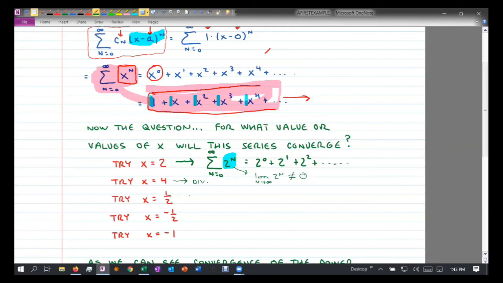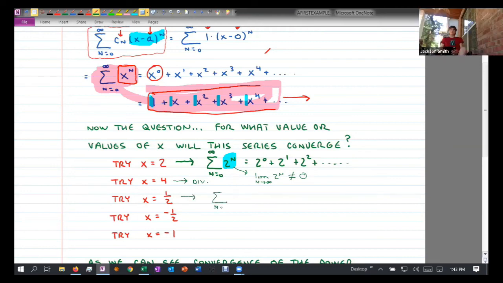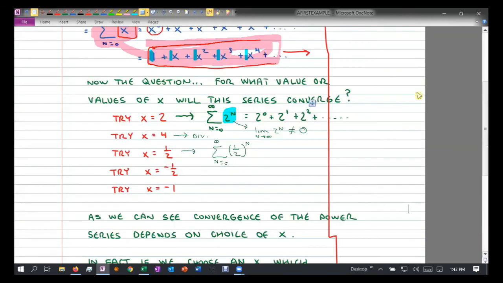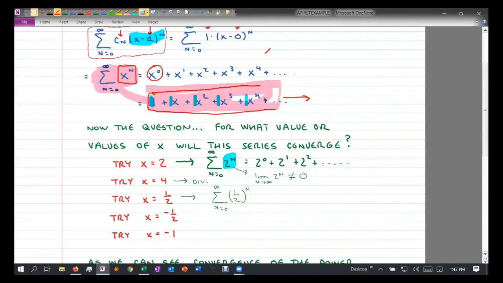But what if I plug in a half? Wouldn't that be like this? Can somebody tell me what kind of series that is? Geometric. That's a geometric series. Now remember, I told y'all a long time ago that when it comes to geometric series, there were 2 formulas for it.